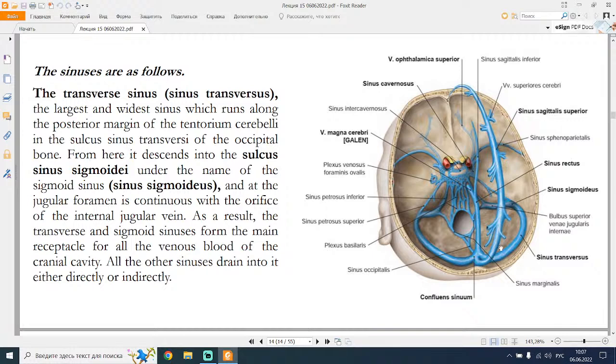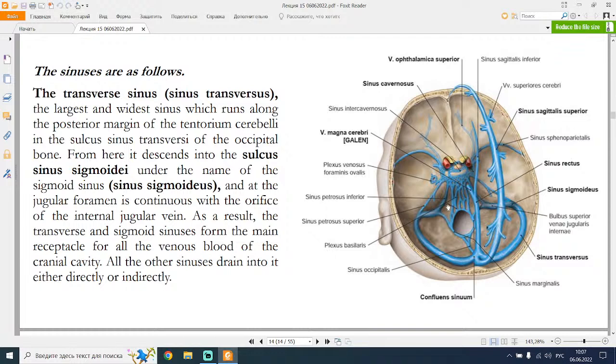This is the sigmoid sinus. At the jugular foramen it is continuous with the orifice of the internal jugular vein.